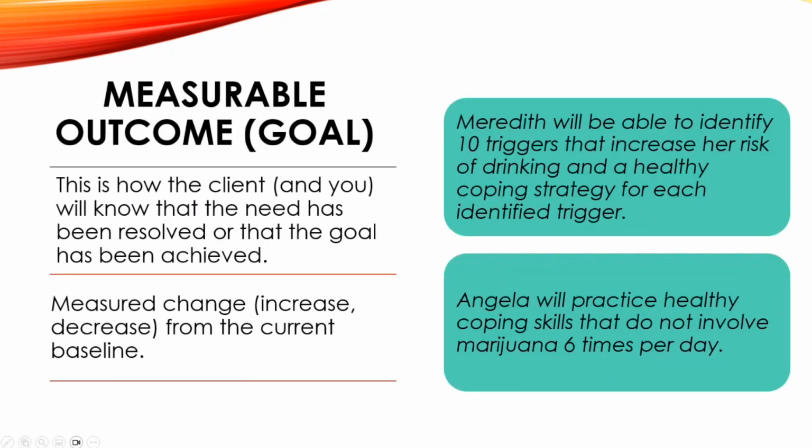And the measurable outcome and goal is how you and the client will know that the need has been resolved, or that the goal has been achieved, or that the client is at least making some sort of progress towards their goal. So if you had identified that you want the client to be able to identify 10 triggers, and their baseline is that they can identify like 2, then their measurable outcome or goal will be when they can identify 10.